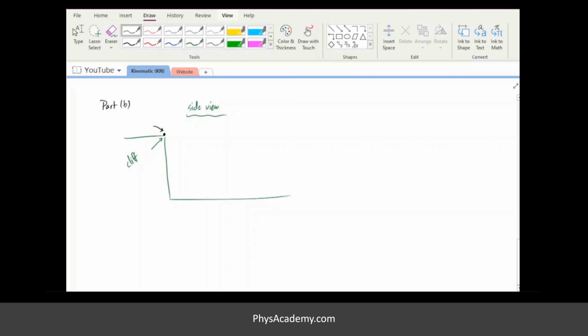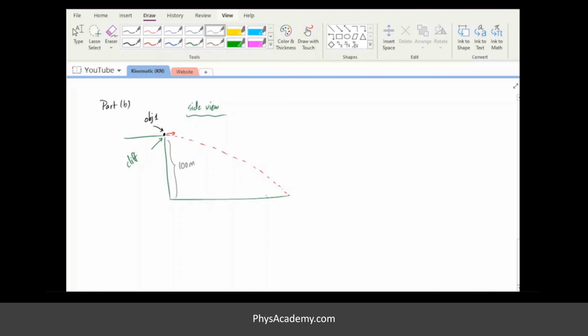So object 1 hits the cliff with some velocity straight horizontal. Then, while maintaining a horizontal acceleration of 15 meters per second squared, it goes through a free fall for 100 meters along the vertical direction.